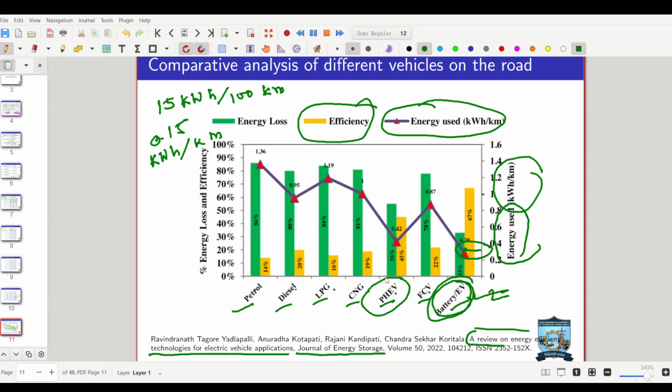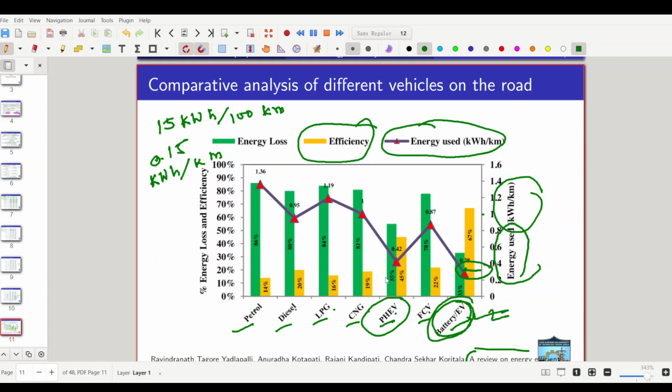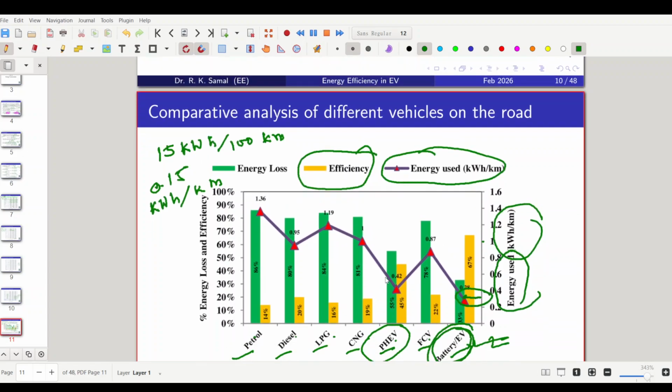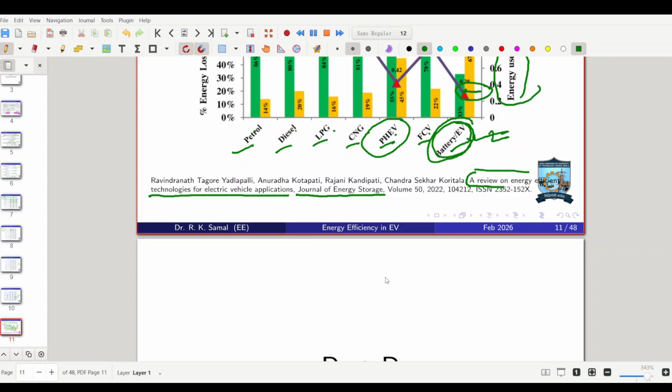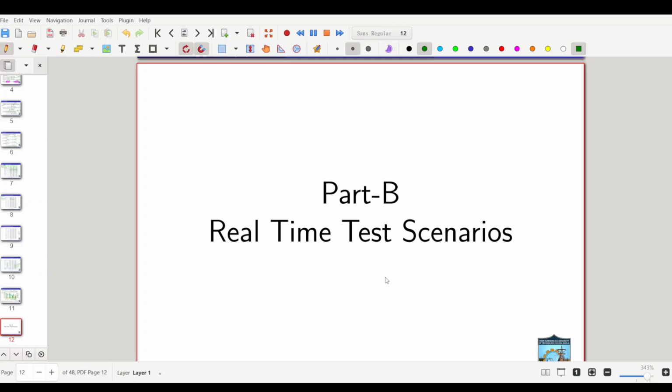With this we complete part A, where we discussed the basics of energy efficiency of electric vehicles. Now we will go to part B, which will discuss the real-time test scenarios as published in literature.